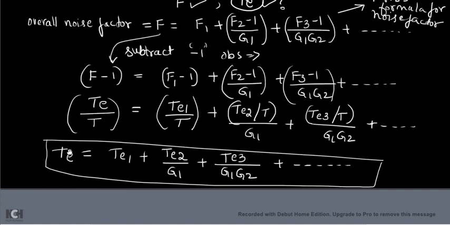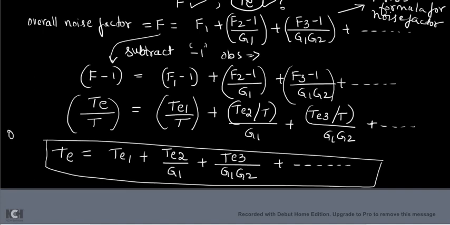That is, the overall noise equivalent temperature is equal to the noise equivalent temperature of the first amplifier plus that of the second amplifier divided by G1 plus that of the third amplifier divided by G1, G2, and it continues. So this equation is what we need to derive.